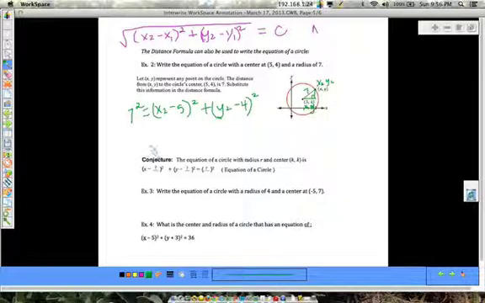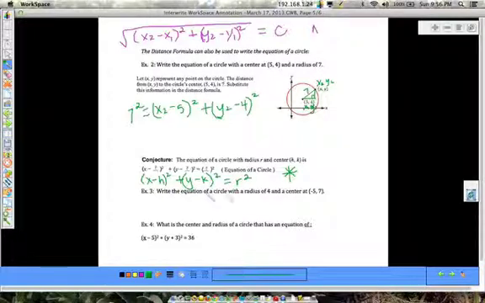Then our formula is x minus h squared, plus y minus k quantity squared, equals the radius squared. That is the equation of a circle.